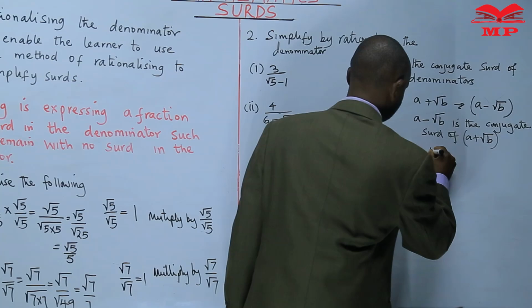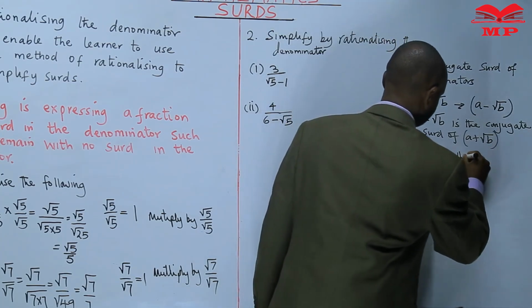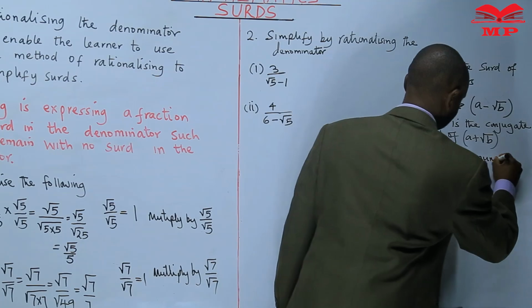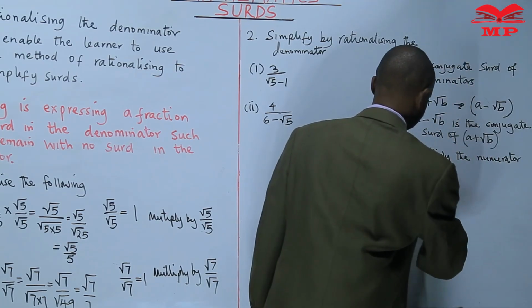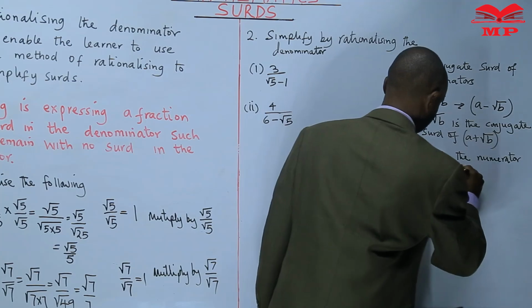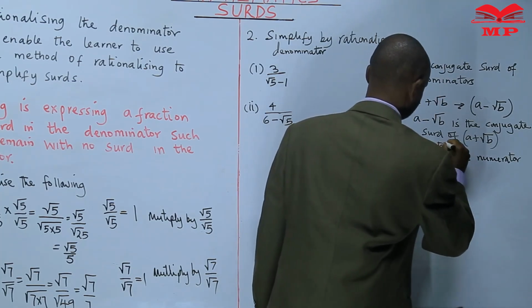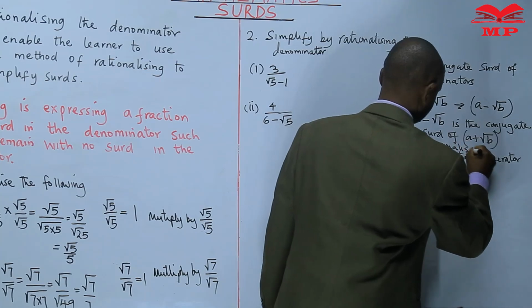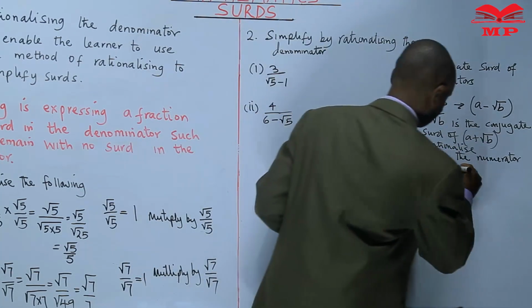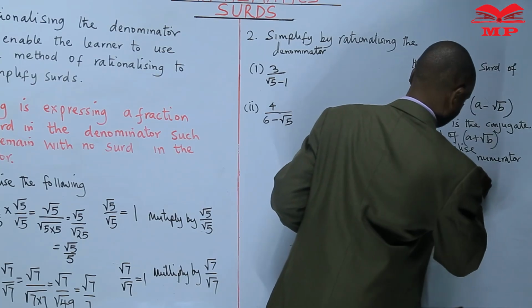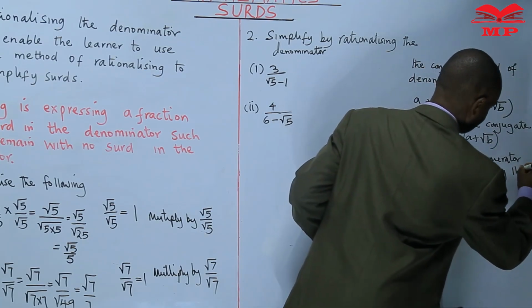So to rationalize, multiply the numerator and the denominator by the conjugate surd.